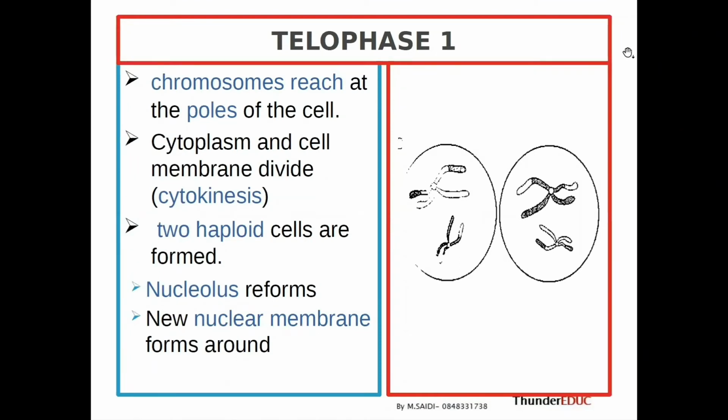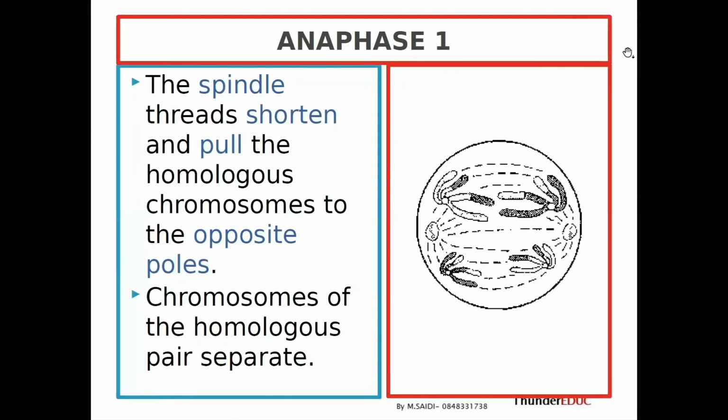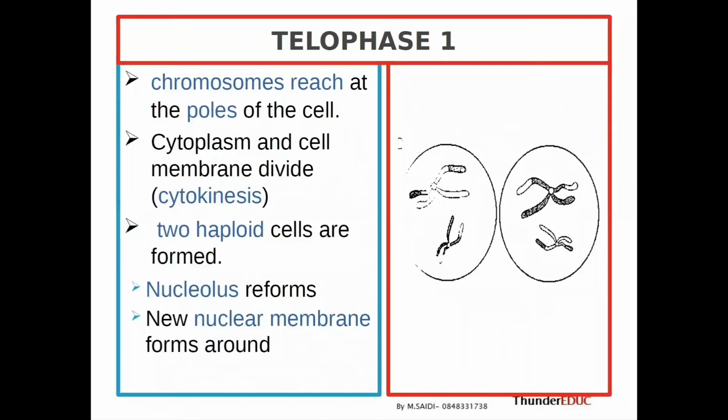Now the cell has finished pulling, the spindle fibers are finished pulling. It's no longer pulling. These chromosomes that were pulled have now reached the poles, and the cell is going to divide through the process of cytokinesis.